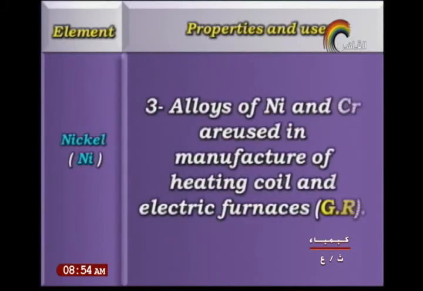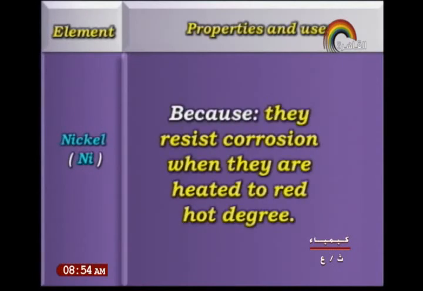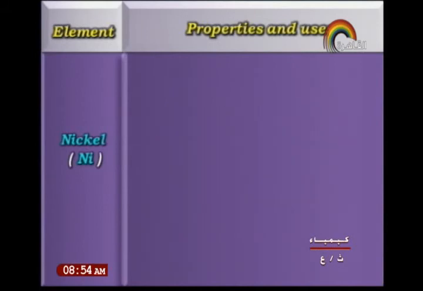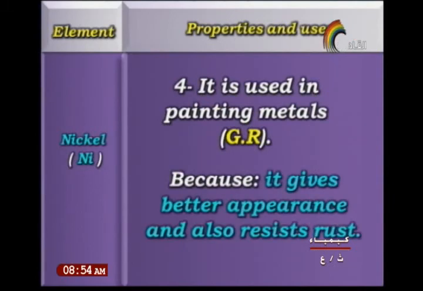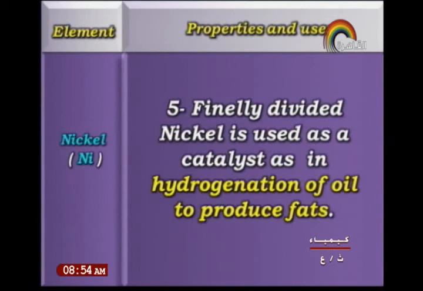And alloys of nickel and chromium are used in the manufacture of heating coil and electric furnace. The reason for that is because they resist corrosion when they are heated to red hot degree. And nickel is used in painting metal because it gives better appearance and also resists rust. Another use for nickel, the finely divided nickel is used as catalyst, as in hydrogenation of oil, to convert it into fats.